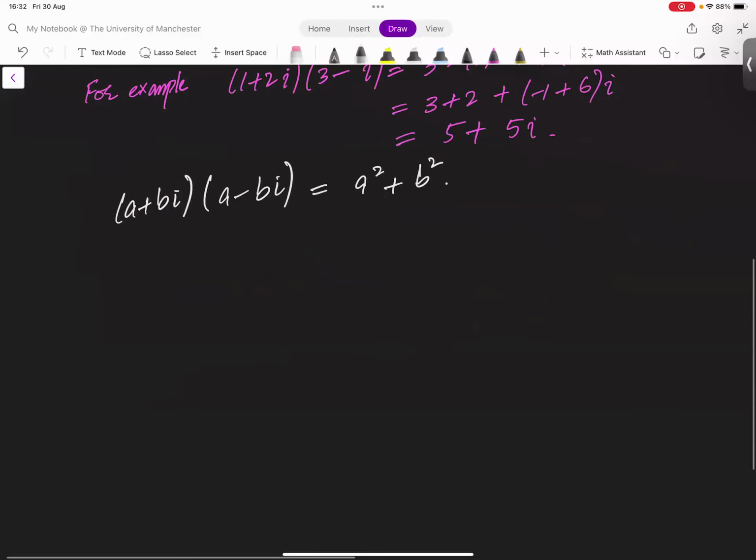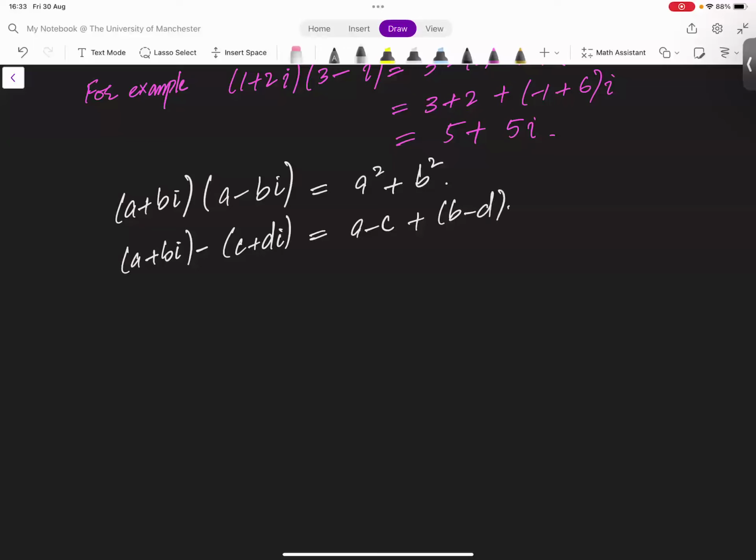So subtraction can be written as a plus b iota minus c plus d iota is (a minus c) plus (b minus d) iota. This is the subtraction rule.